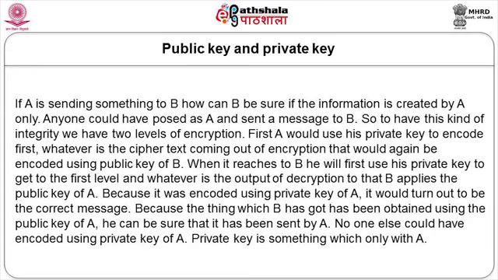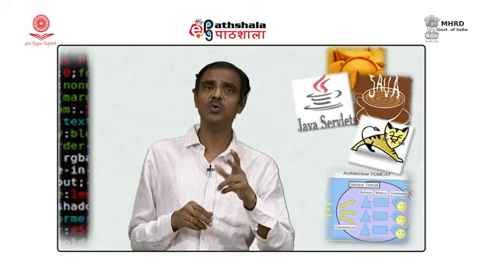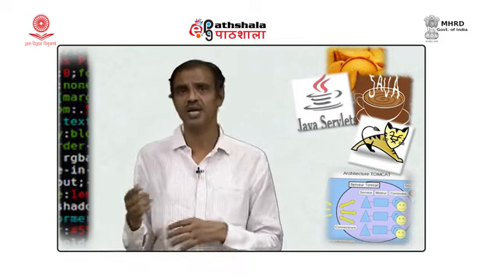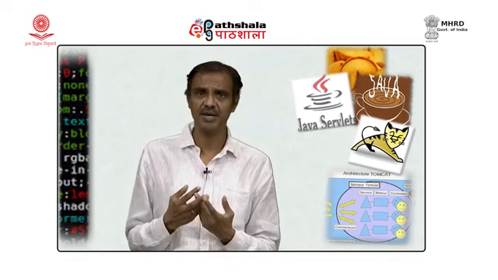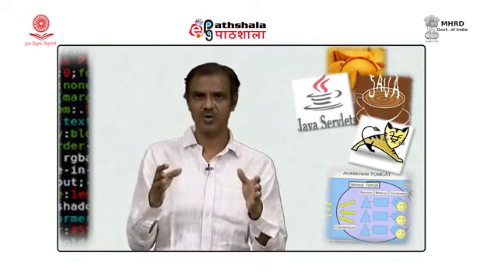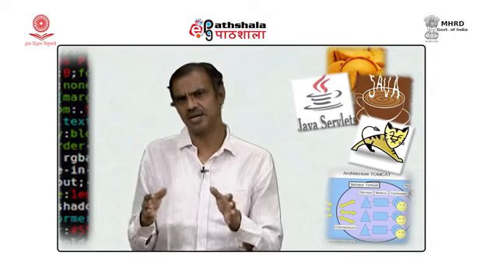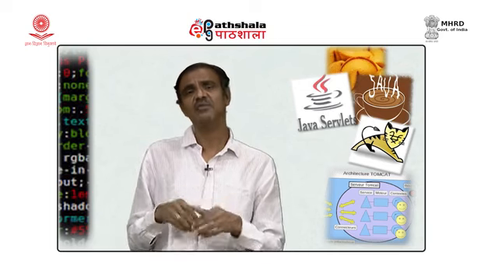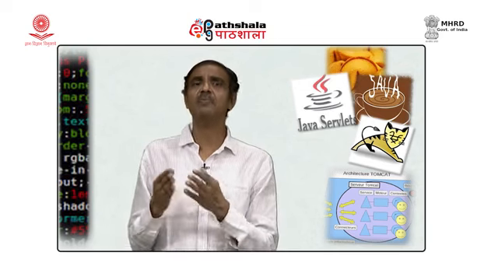Anyone could have posed as A and sent a message to B using the public key of B. So, in order to have integrity, that this message comes from A only and no one else, we have two levels of encryption. If A wants to send a message to B, A would use his private key to encode first, and the cipher text which comes out of that encryption would again be encoded using the public key of B.